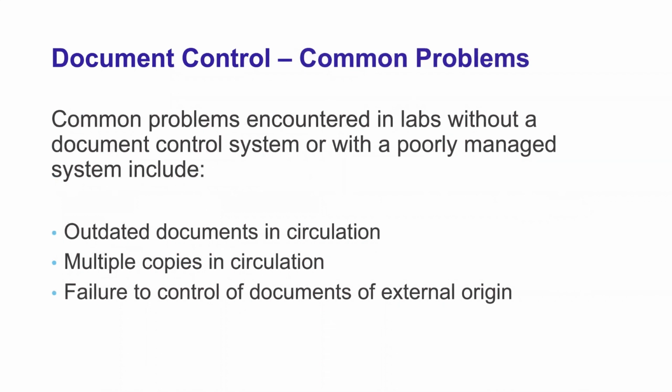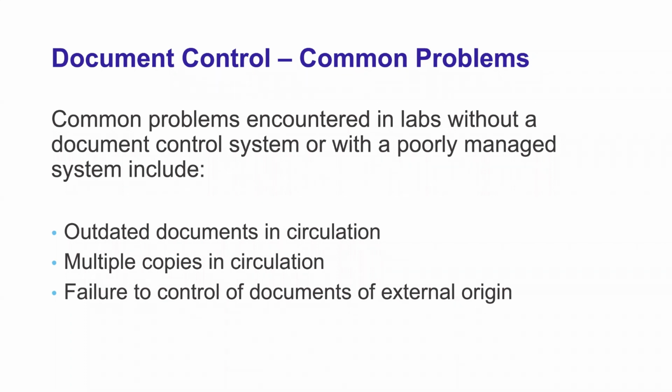So what are some common problems in document control? Laboratories that don't have a document control system or have a poorly managed system may have outdated documents in circulation. Like I said, if you didn't do that step where you collected and reviewed all the documents, you may have some SOPs floating out there that reflect the old way of doing things, and folks might still be using them because they didn't know the documents were updated.